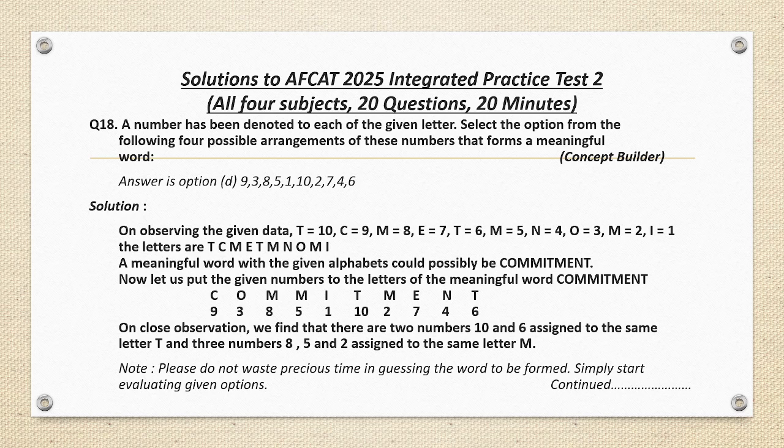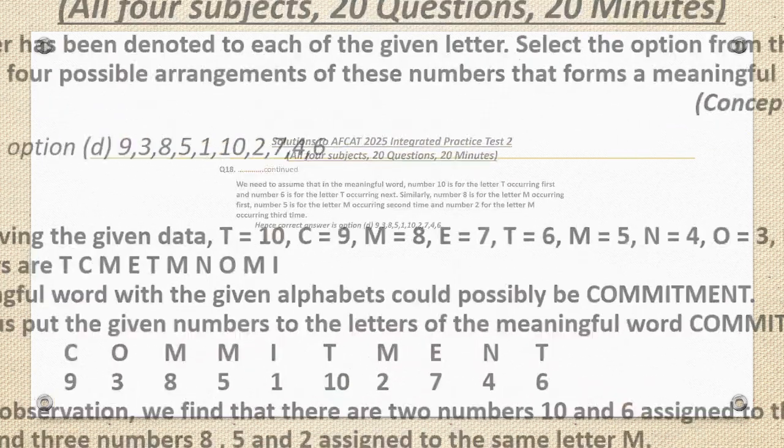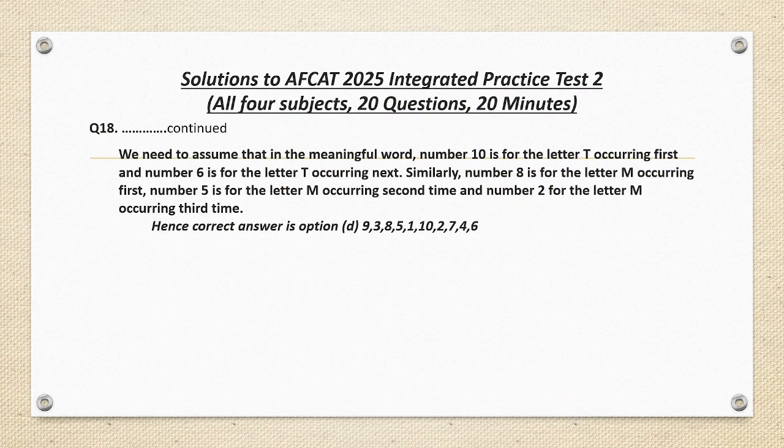And then ITMENT. T also, first time it got 10, second time it got 6. One advice is that do not waste time in guessing what the word is. Simply pick up the options and go ahead. So the correct option is D.